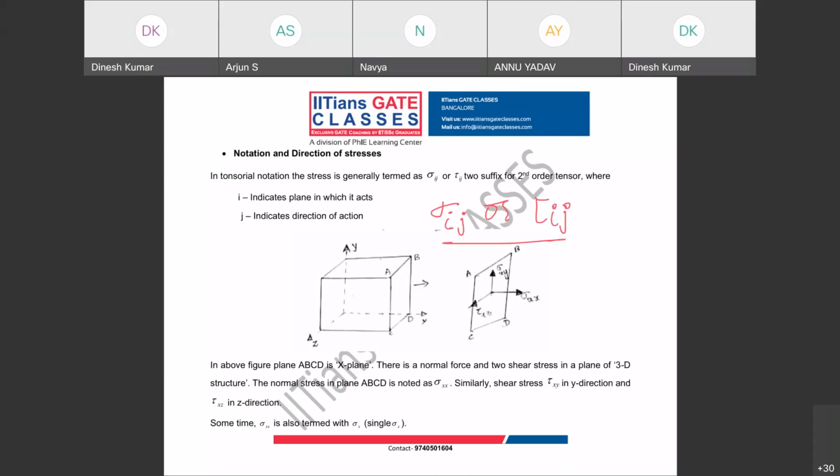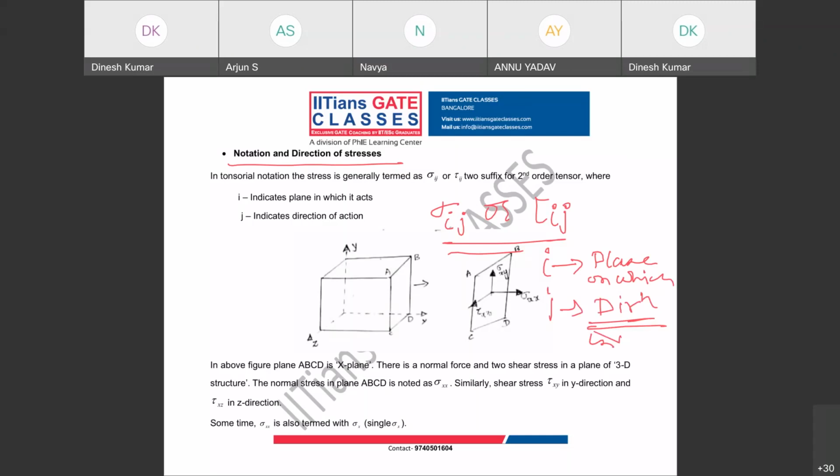This is known as the notation and direction of stresses. Here i represents the plane on which the stress is acting, and j represents the direction in which the stress is acting.